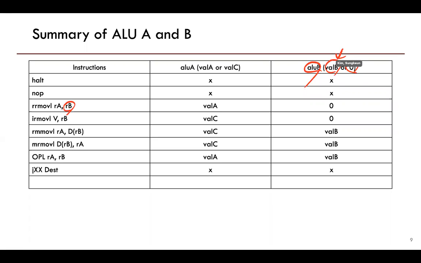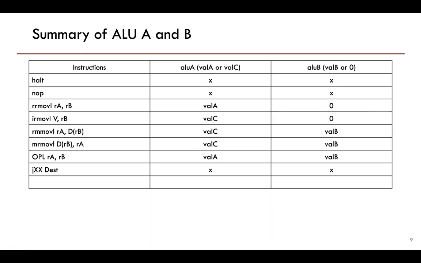No. Why? We want to put data of RA into register RB. Then we just want to forward this val A. Then we put 0 and then add. We use add, right? So we use val A, and we select the 0 for ALU B.